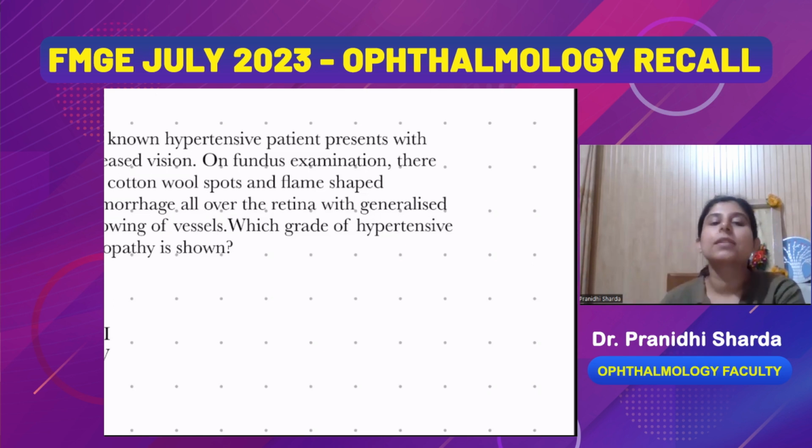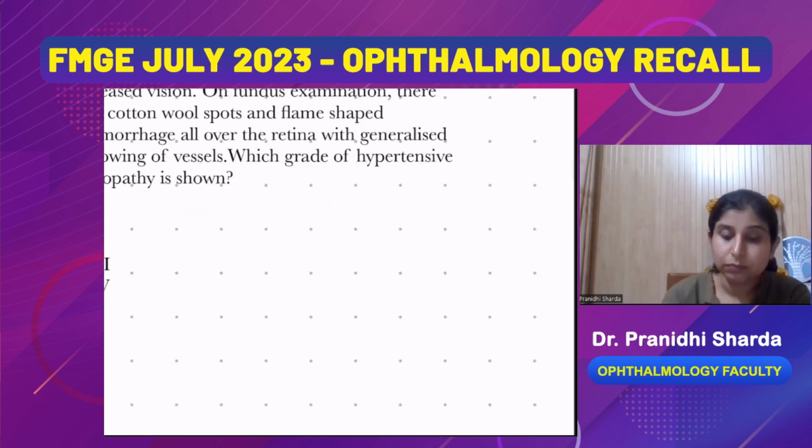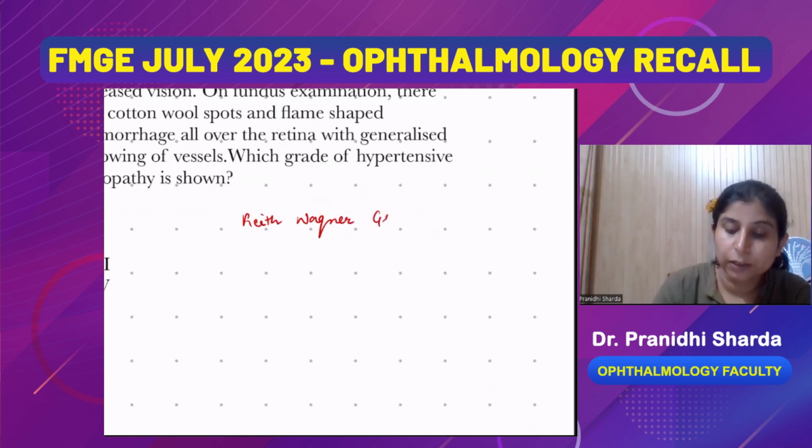So they have asked us about the grading of hypertensive retinopathy, and the commonest grading which we study is the Keith-Wegener grading of hypertensive retinopathy.